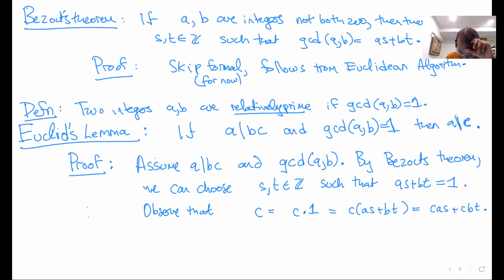Okay. So what's good about this is I wanted to show that A divides C, but now I've written C as a sum of two things. The first one is CAS. Does A divide CAS? Yeah, because A is in there, right? And does A divide CBT?